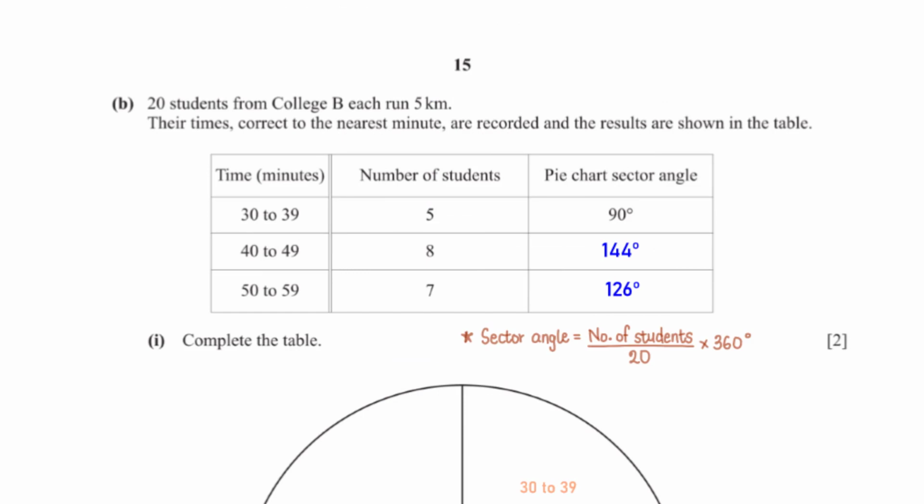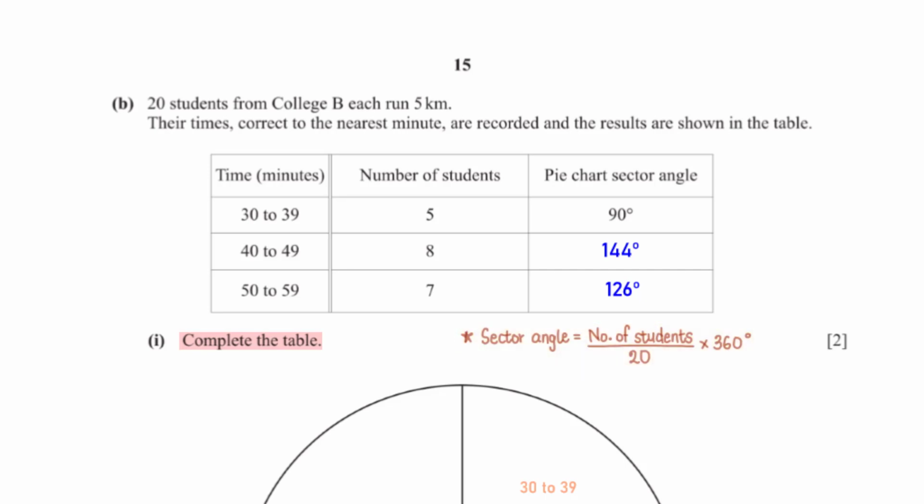20 students from College B each ran 5 kilometers. Their times correct to the nearest minute are recorded and the results are shown in the table. Complete the table. To get the sector angle for each category, we divide the number of students in a given category by the total number of students, which is 20, times 360 degrees.